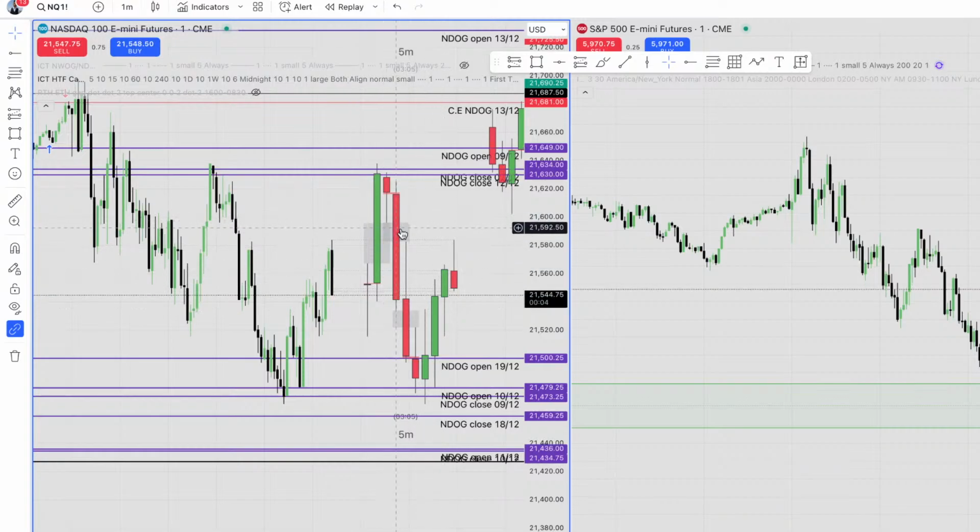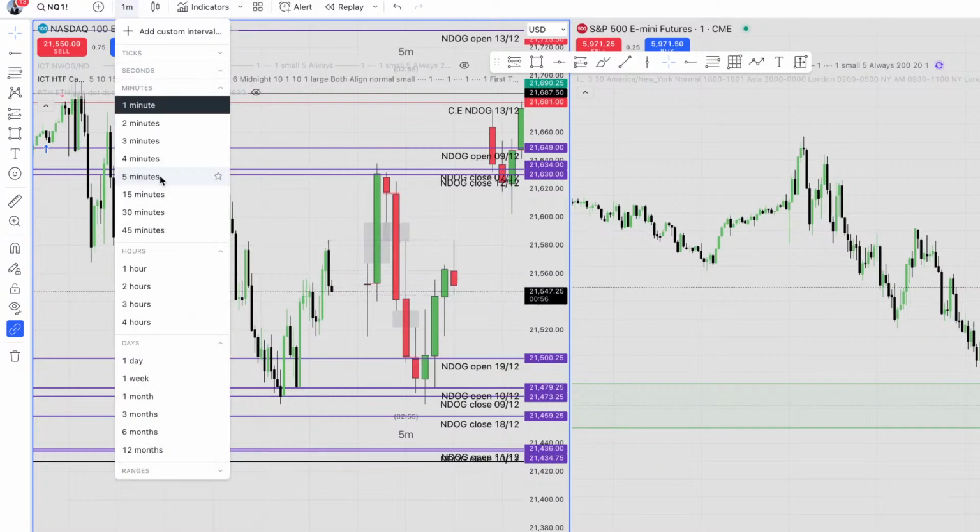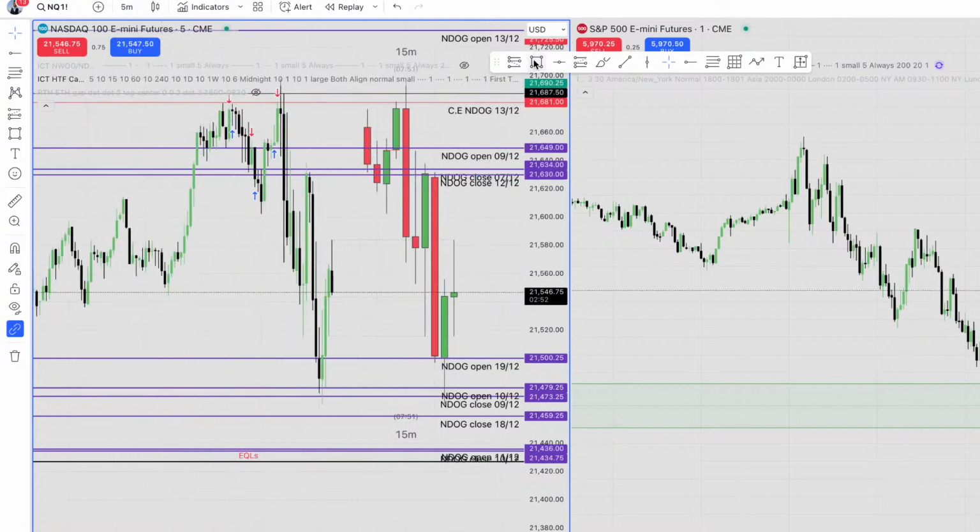Okay, so this is a fair value gap in the 5 minute. Apparently, it touched it barely. Okay.